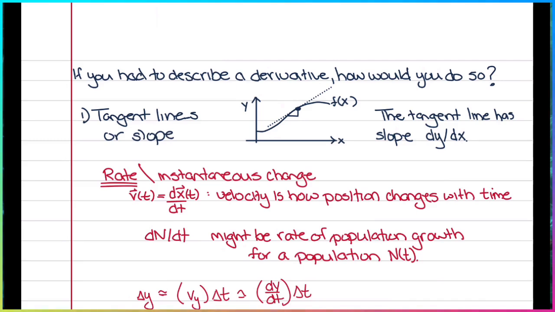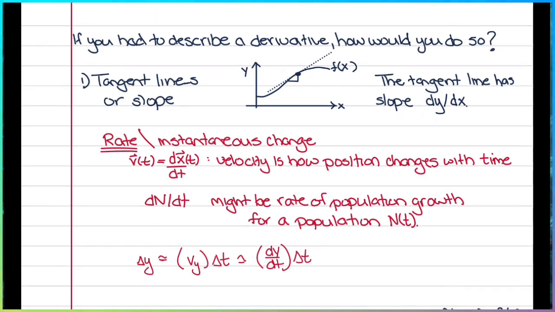And the way it's usually thought of is that at that point, if I were to draw a tangent line, that tangent line would have a slope equal to what we call the derivative of the function at that point.